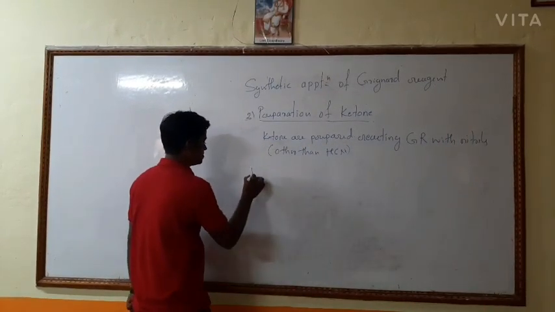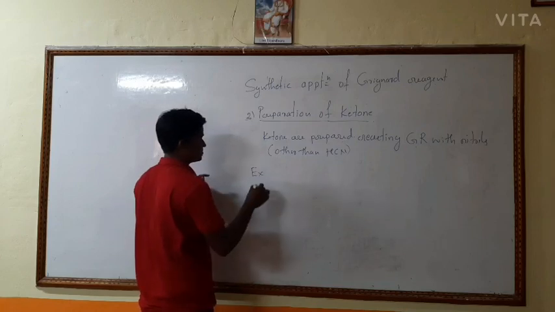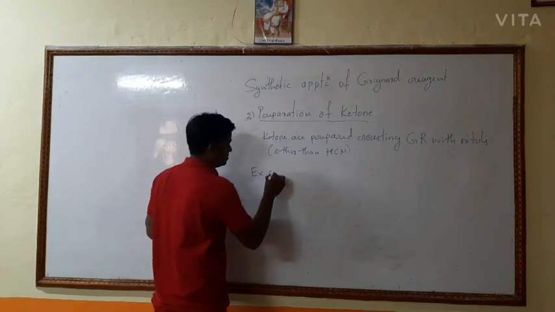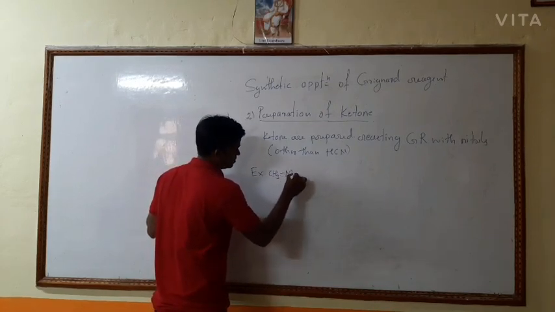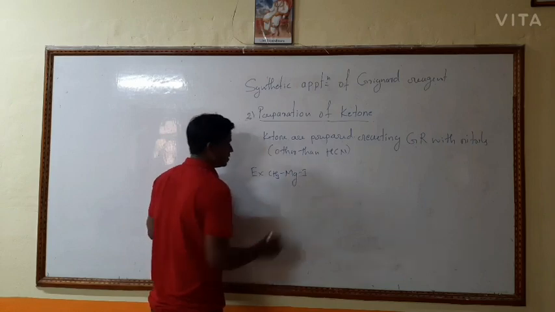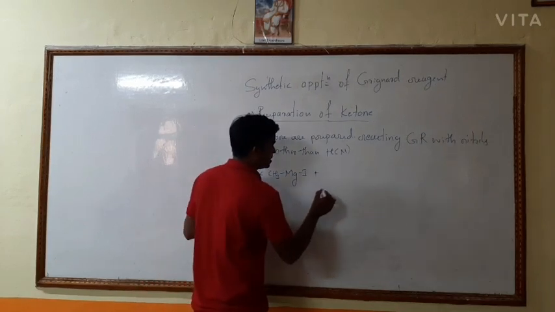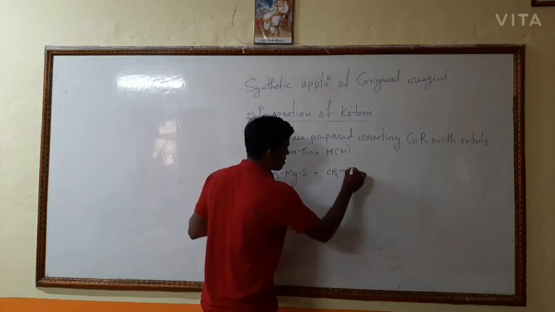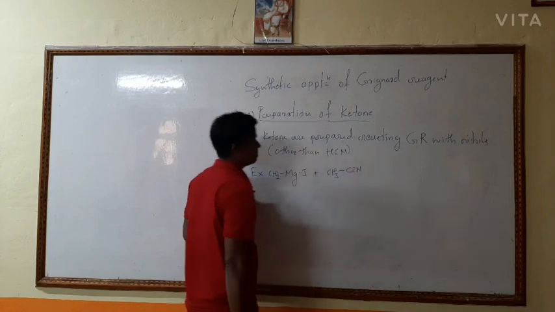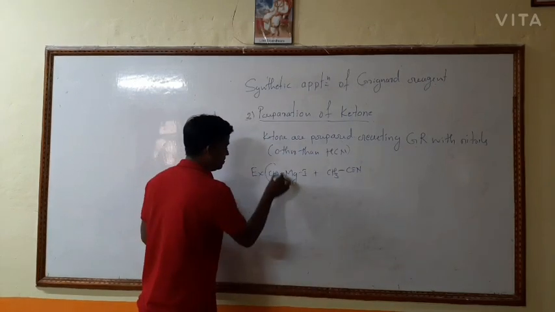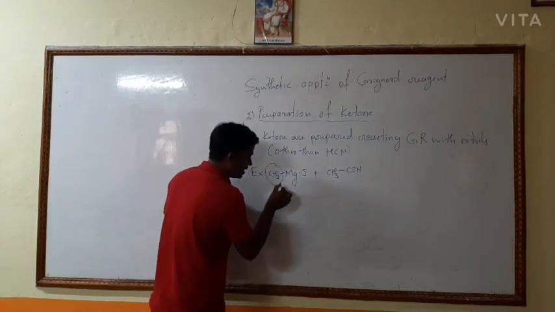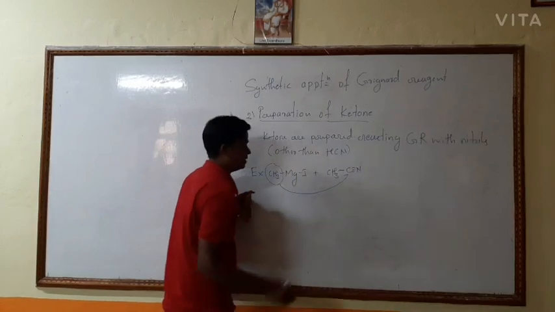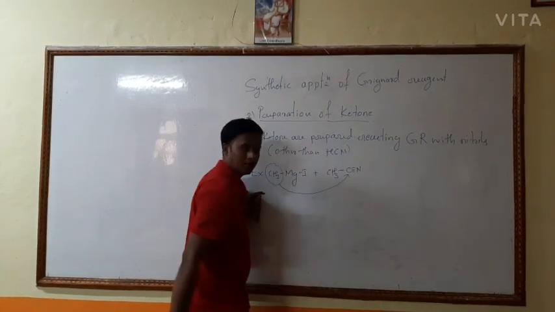For example, when methyl magnesium iodide is reacted with a nitrile, for example methyl cyanide, the methyl group of the Grignard reagent attacks the carbon atom, similar to the aldehyde case.